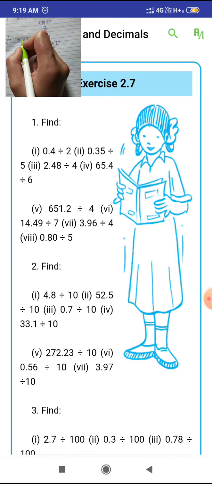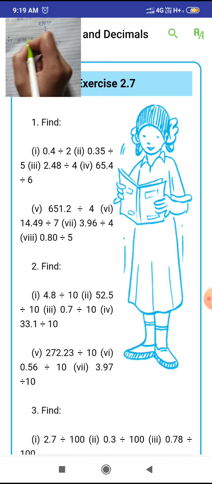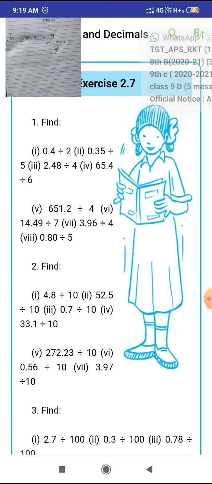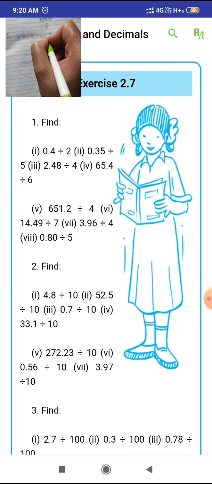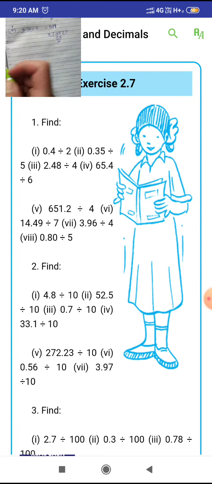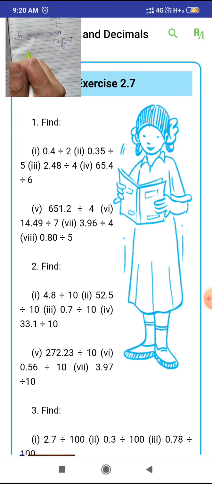So we also put our decimal sign two digits from the right side in our answer. So we have 0.07 as our answer. In this manner, you can solve the remaining parts of the first question.